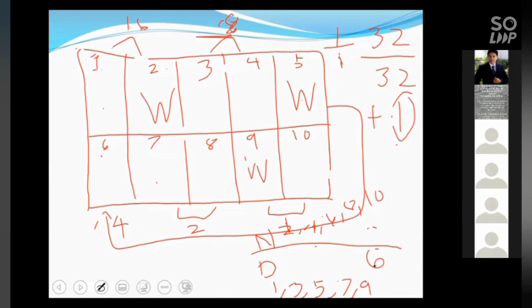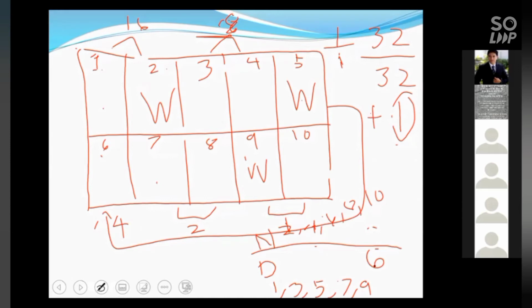Sa even numbers naman tayo. Pagdating mo sa number 2, merong whorl. So what is the value? 16. Pagpunta mo sa 4, walang whorl. Pagpunta mo sa 6, whorl, so ano pa rin ang bilang natin? 16. Pagdating mo sa number 8, walang whorl. Pagpunta mo sa number 10, wala pa rin.